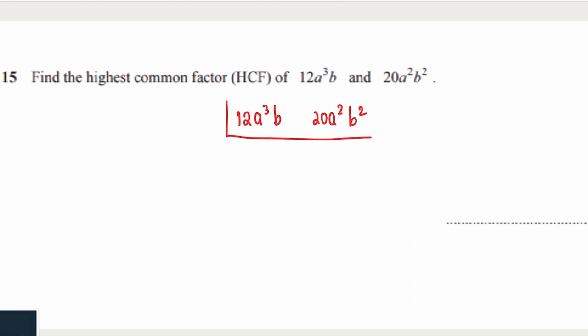We need to find the number that can divide both of them. So I divide both of them by 4a squared b, and this one will be 3a, and this one is 5b. So the highest common factor is 4a squared b.